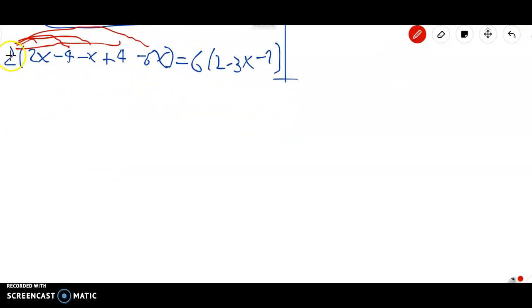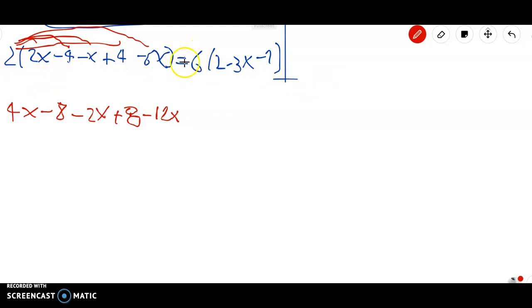In the first number, we have 2 times 2x, that makes 4x. 2 times minus 4, that makes minus 8. 2 times minus x, that makes minus 2x. 2 times 4, 8. 2 times minus 6, that makes minus 12.